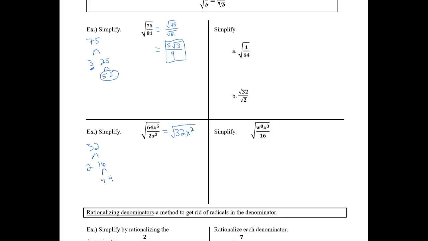It's 4 times 4. So I can take the square root of 4 squared, which is 4, and that 2 is going to stay underneath the radical. I also have this perfect square. The square root of x squared is x, and then as we mentioned before, the only thing left underneath was this 2. So now I have 4x square root 2.